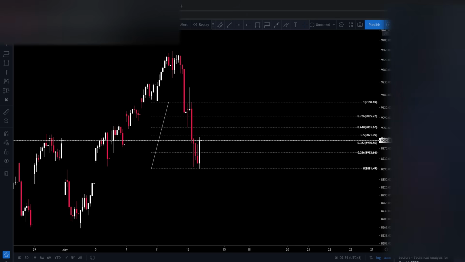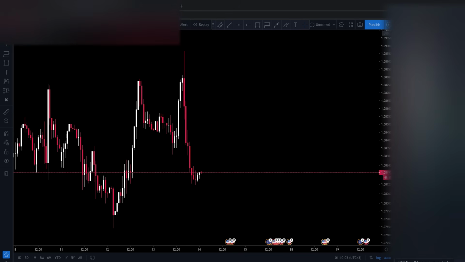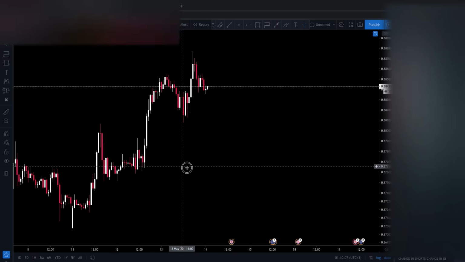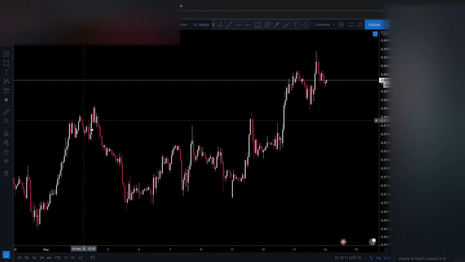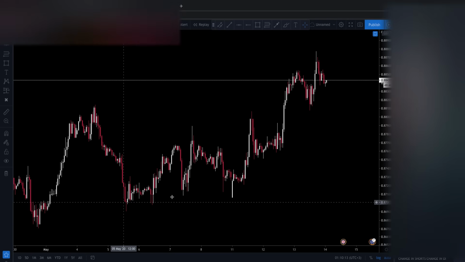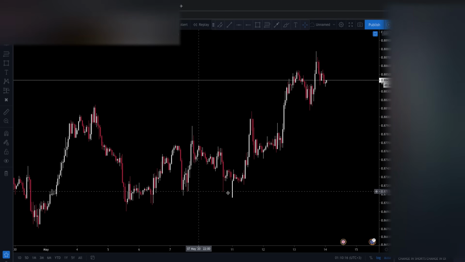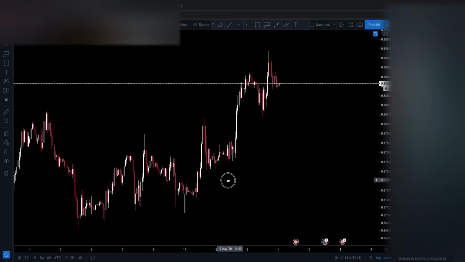Let me see if I can show you guys an uptrend or something on a euro pair. Maybe no, there must be. Okay, perfect, this one. So you can see the market was in an uptrend, making higher highs, then made another higher low. It's still in an uptrend because the market is making higher lows.